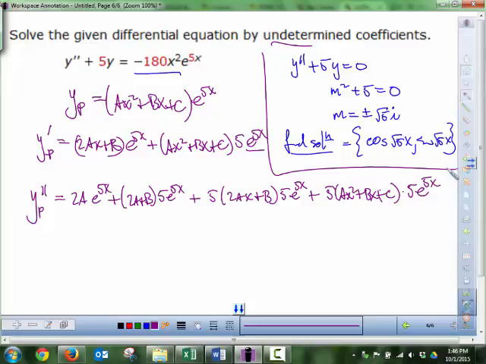So you guys do your derivatives maybe a little bit differently than mine. As long as we're getting the same result, we're all good. All right, it looks like the e to the 5x is something that's common in all of them, so let's just take that out and see what we got left.